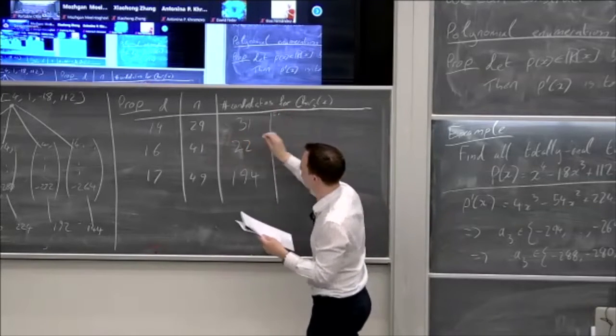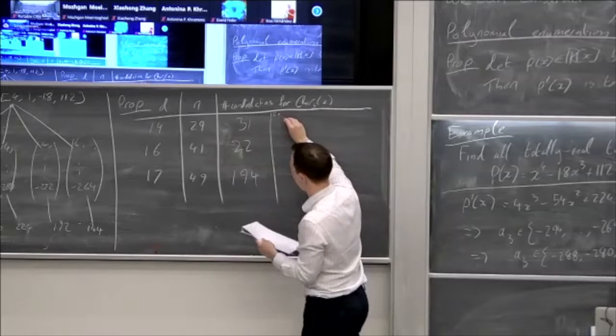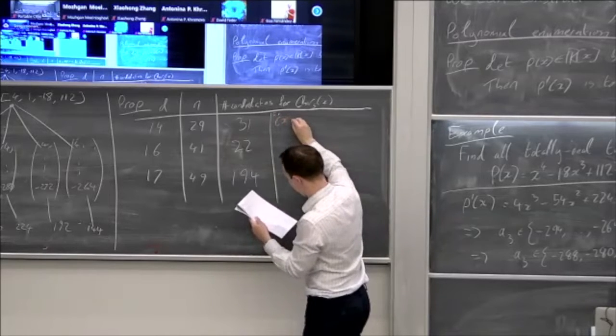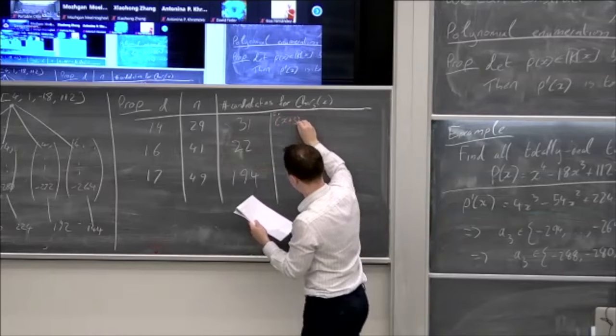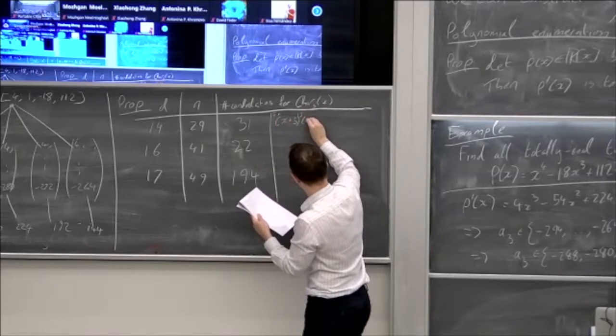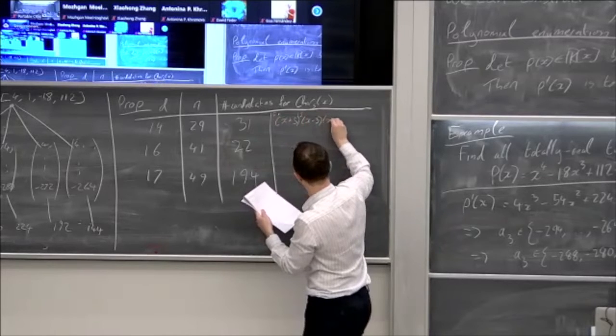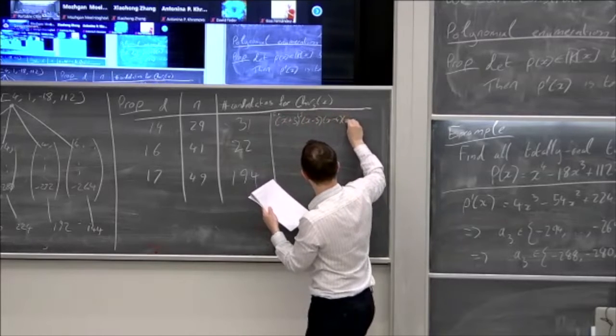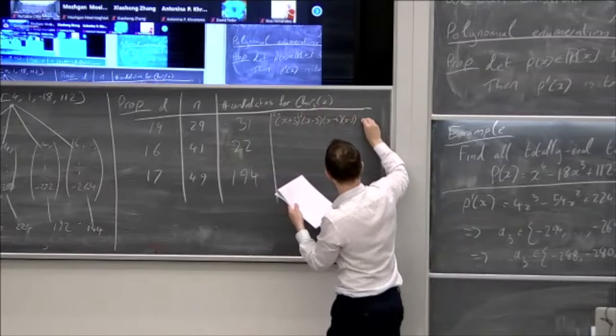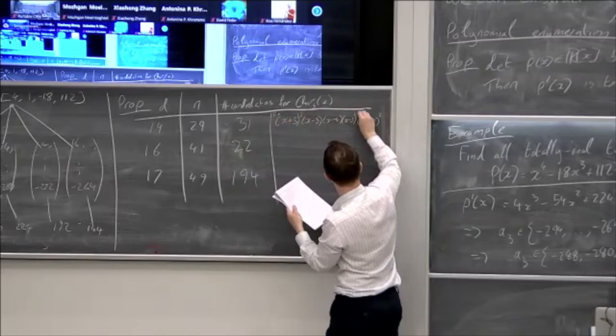So example for degree 14 with 29 lines. This is a possible candidate characteristic polynomial. X plus 5 to the 15, x minus 3, x minus 4, x minus 5, and x minus 9 squared. This is multiplicity 10.